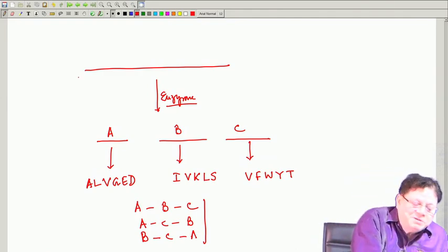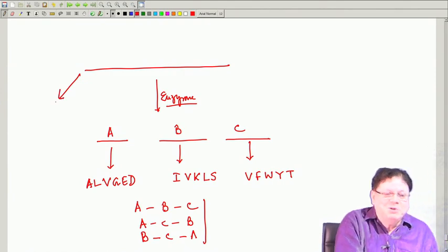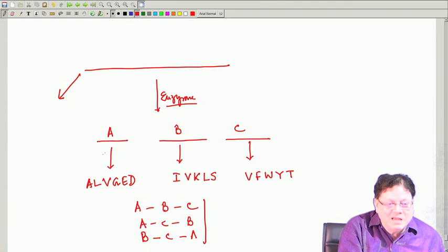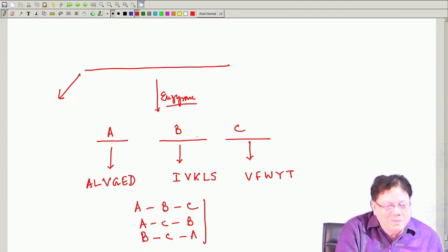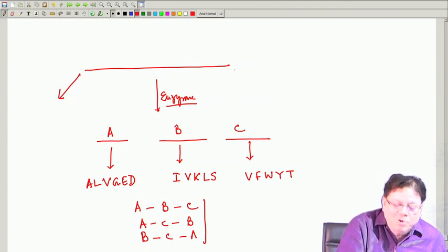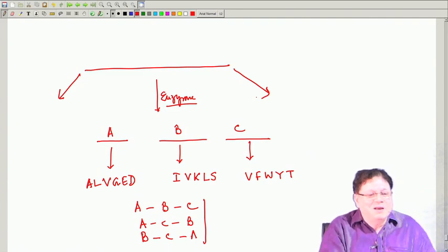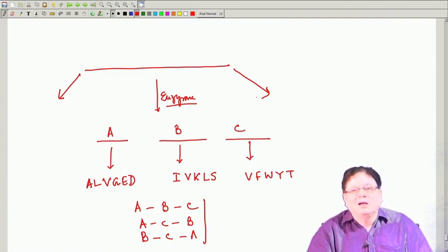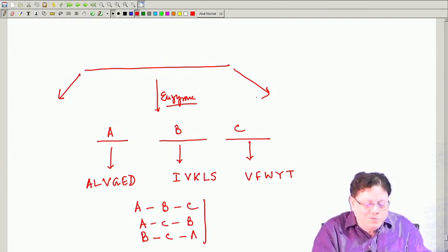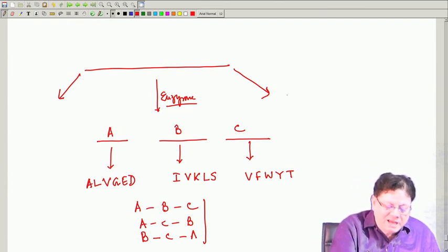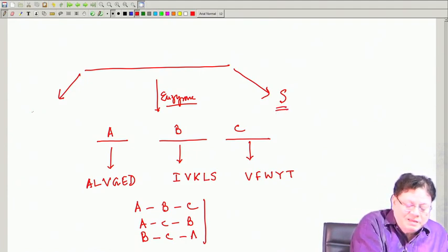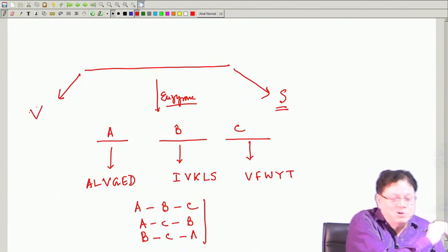If you first have determined the N-terminus amino acid, then you know which one is the first one, whether it is A or B or C. And if you really know the C-terminus from the very beginning, and then do this peptide chopping and do the Edman degradation, then if you know these two, suppose it says that S is the last amino acid, the C-terminus, and suppose this says that V is the first amino acid.